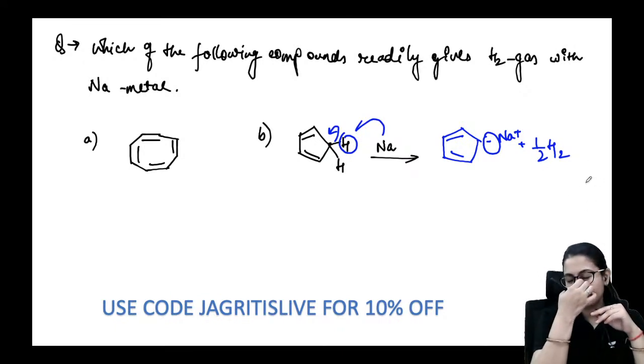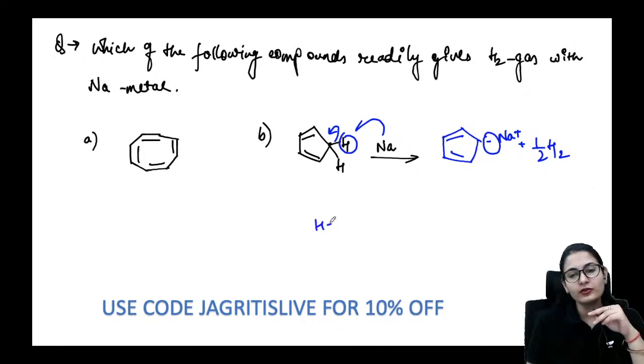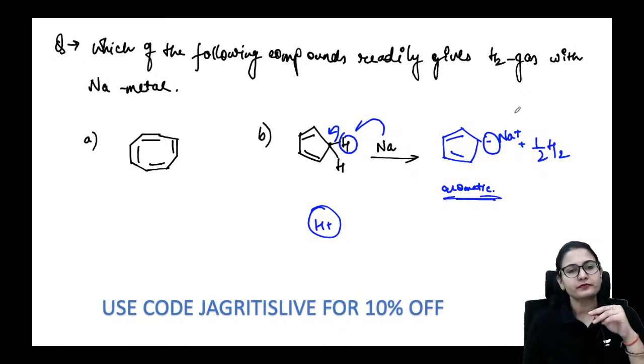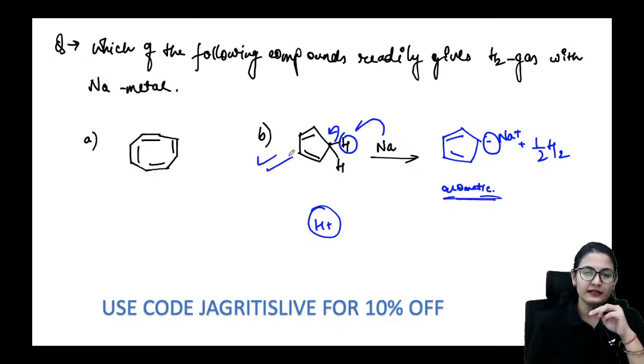Very easily it is going to remove the proton. Why? Because if it loses a proton, it is going to become aromatic. So the question is asking which of the following compounds readily gives hydrogen gas with sodium metal. So B is going to be the answer.